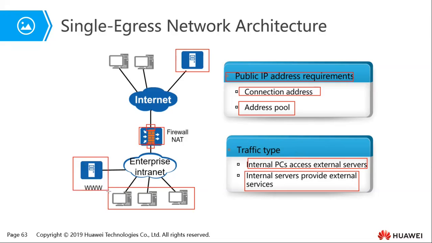So for example, here we have a web server. So people on the internet are supposed to be able to access our server. So again, you need to also cater for that.